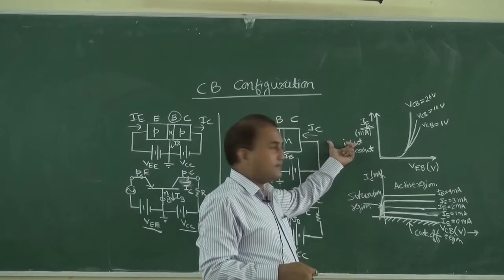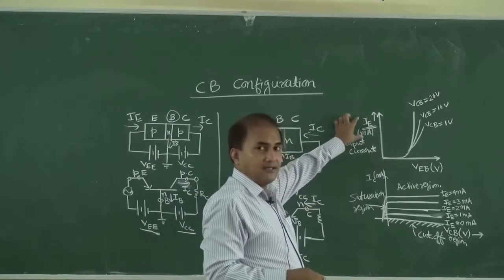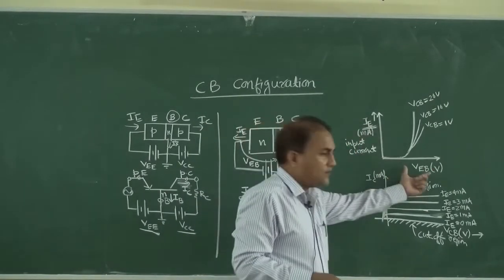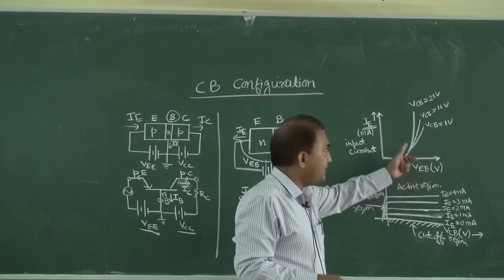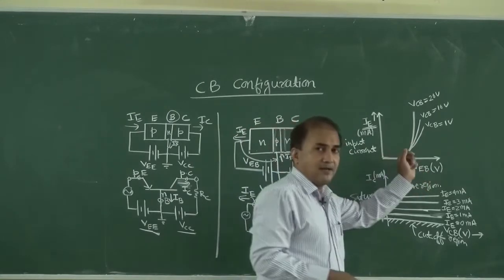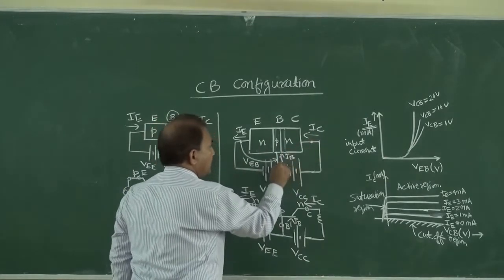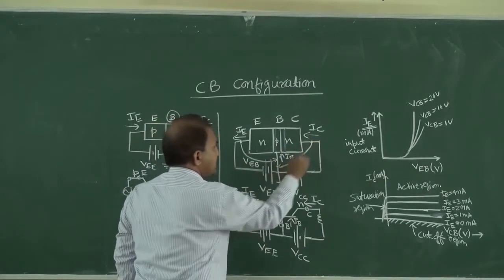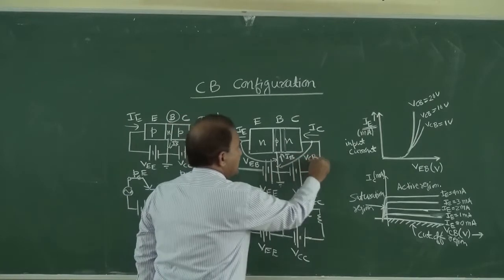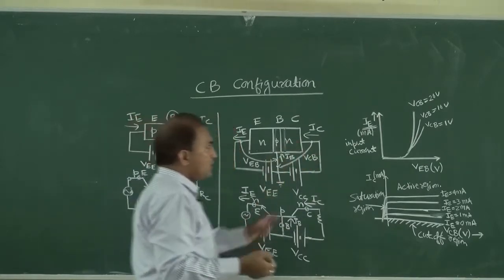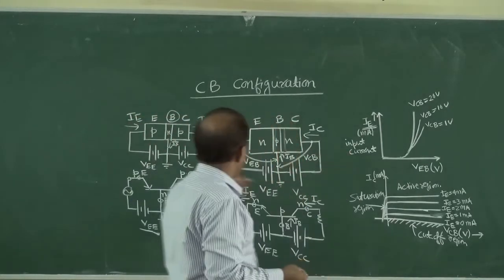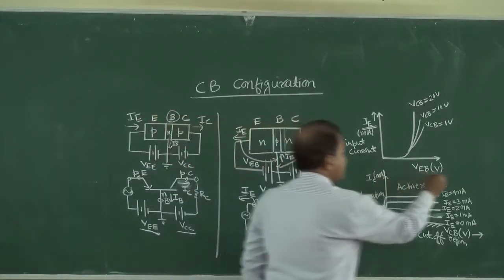It is the graph between input current versus input voltage for different values of VCB, that is, for different values of this output voltage VCB.